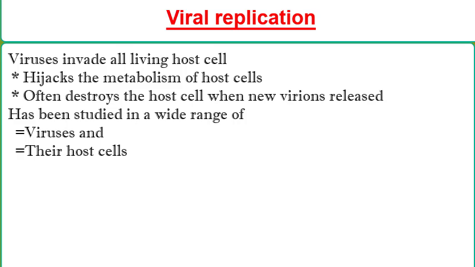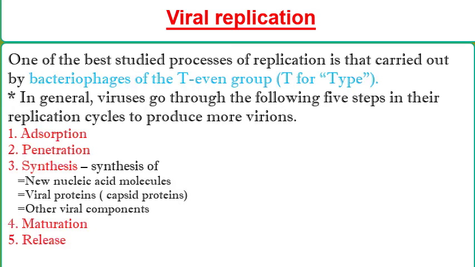After viruses make their copies, they often destroy the host cell when the new viral particles are released from the host cell. Viral replication has been studied in a wide range of viruses and their host cells. One of the best studied processes of replication is that carried out by bacteriophages of the T-even group, like bacteriophage T2, bacteriophage T4, bacteriophage T6, and so on.